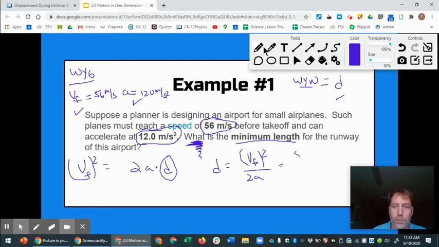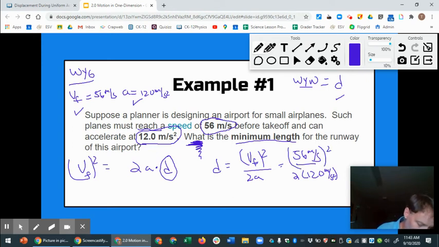Then we'll just plug in our numbers, 56 meters per second, squared, divided by 2 times our acceleration, which is 12.0 meters per second squared. I forgot that quantity has to be squared, okay?